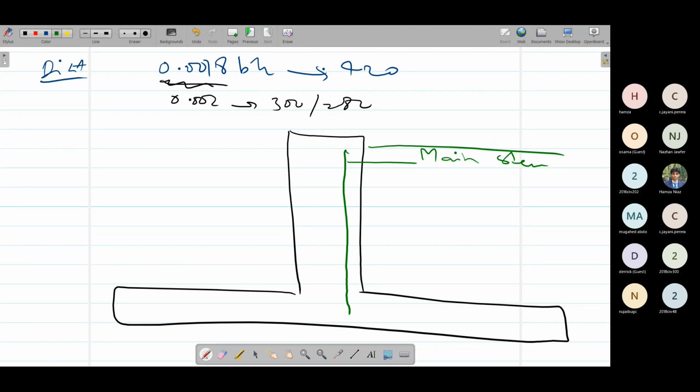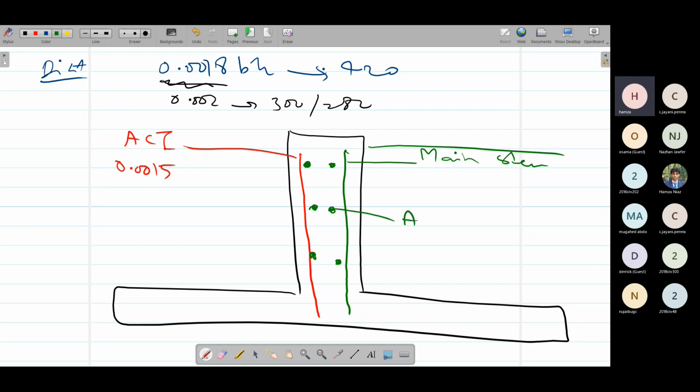This red one is our ACI minimum steel that we calculated from rho using 0.0015. Now these are our horizontal steels for the stem. These we also calculated from ACI using rho as 0.0025. Remember these rho values. The rest is the same, the rho B D or rho B H.